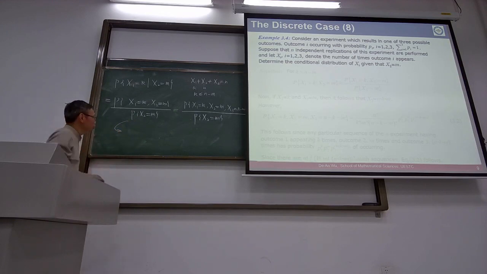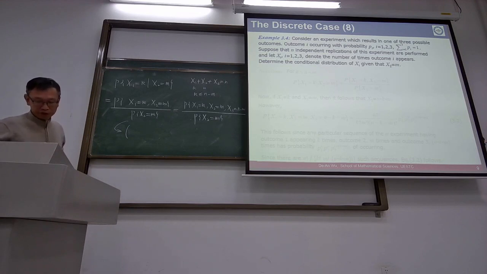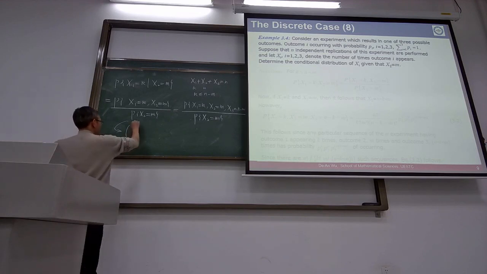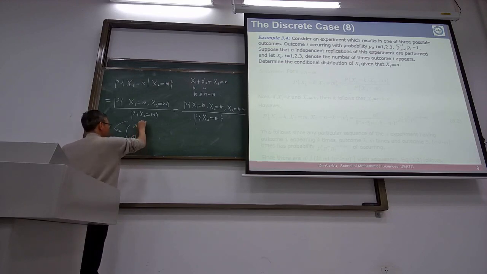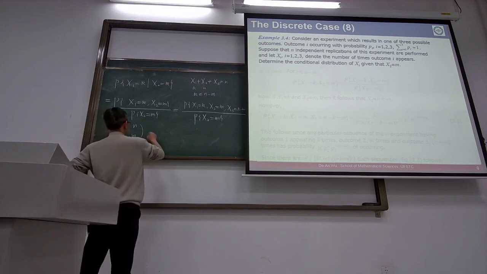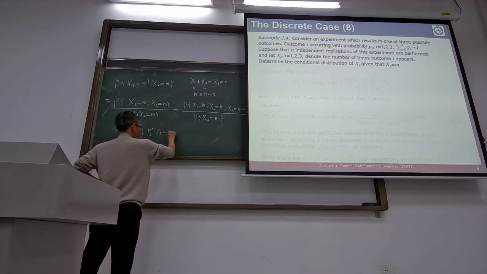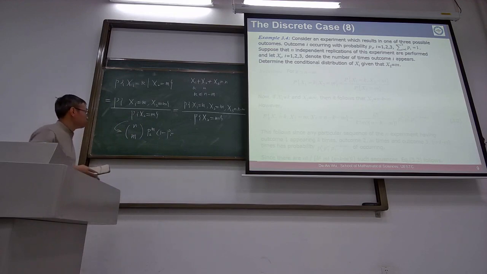The total number of events or outcomes is n. For the denominator, outcome 2 occurs m times with probability p2 to the m, and 1 minus p2 to the n minus m.